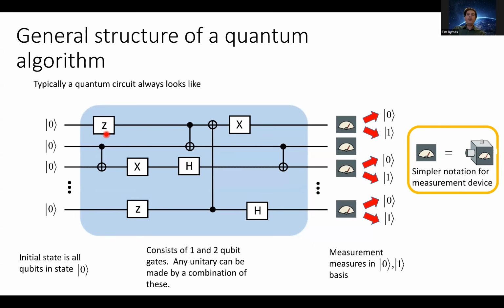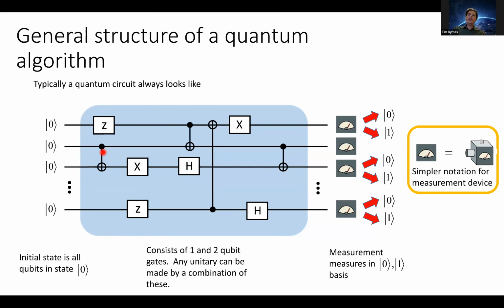It doesn't really matter what order you apply these two, because they happen on different qubits. Even if you did this one first and then this one second, or this one second and this one first, it doesn't change the output of the algorithm at all, because these qubits are not related to each other.